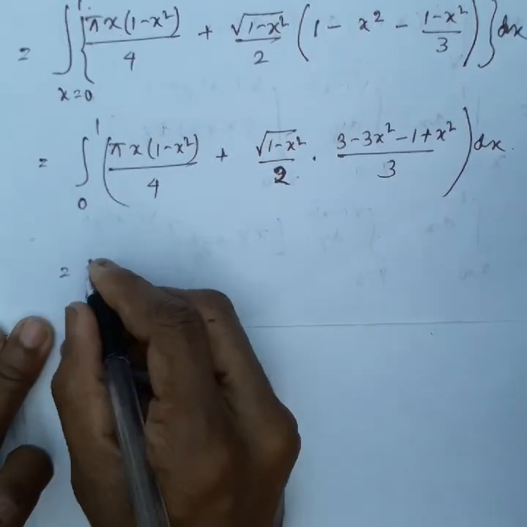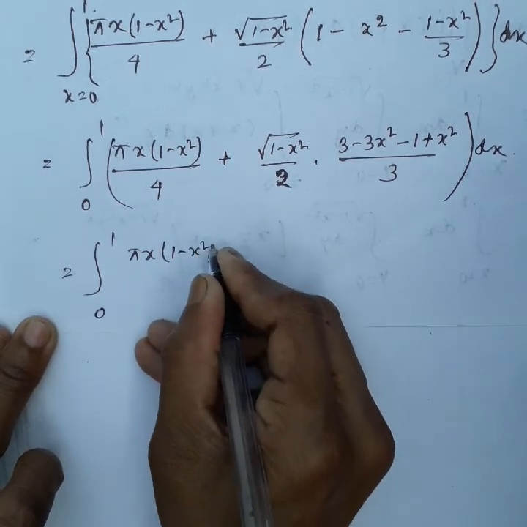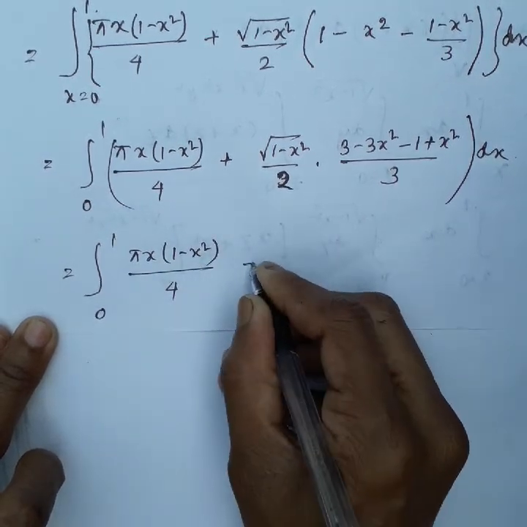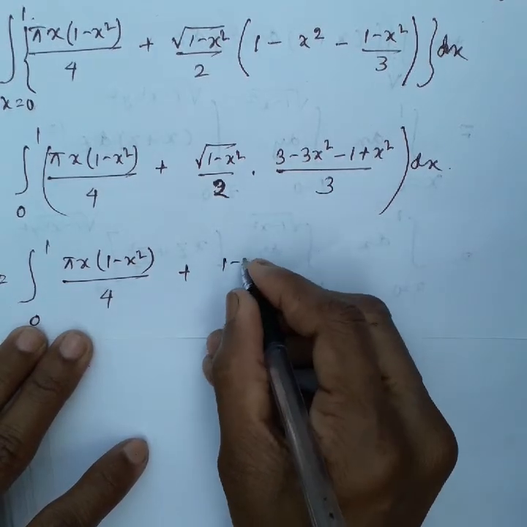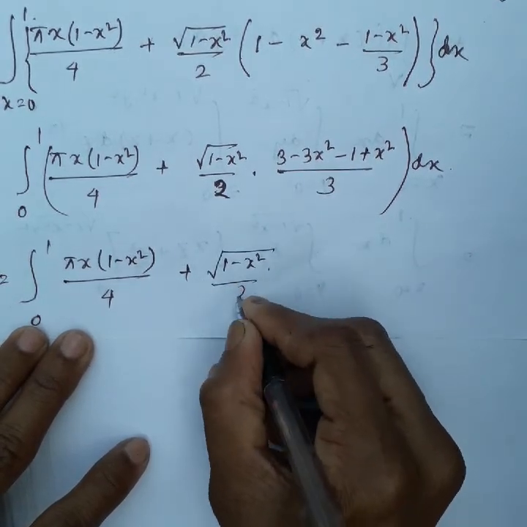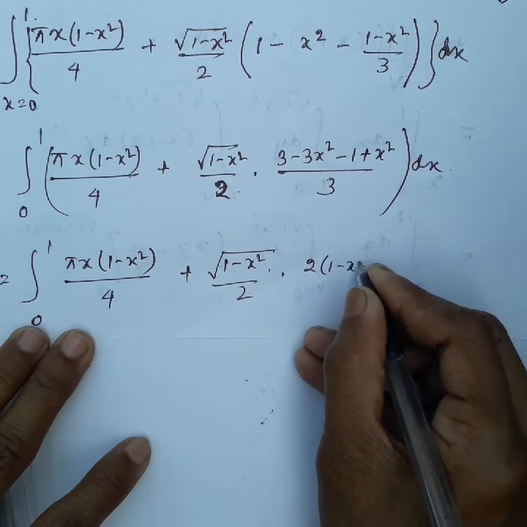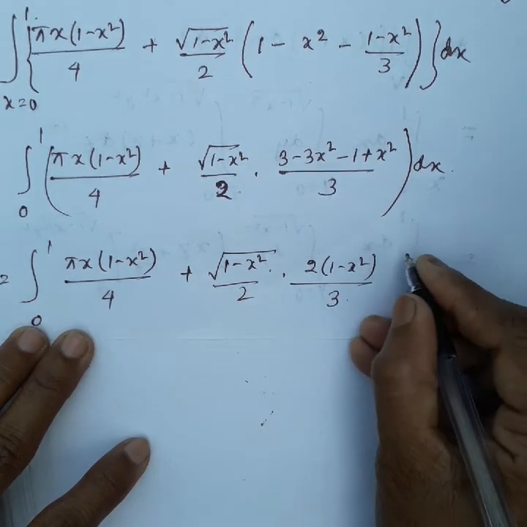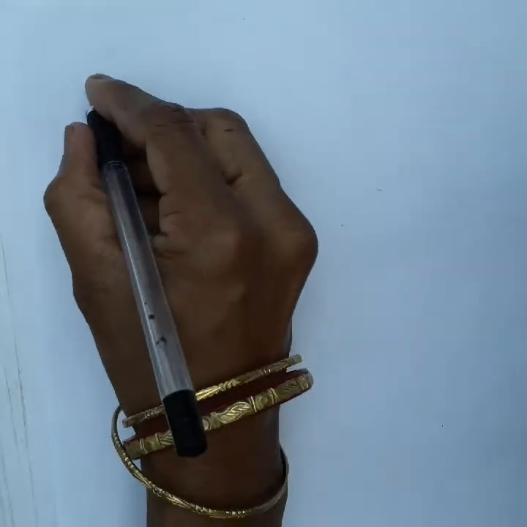dx. That is equal to pi x into 1 minus x square by 4 plus 1 minus x square by 2 into 2 into 1 minus x square by 3 dx.